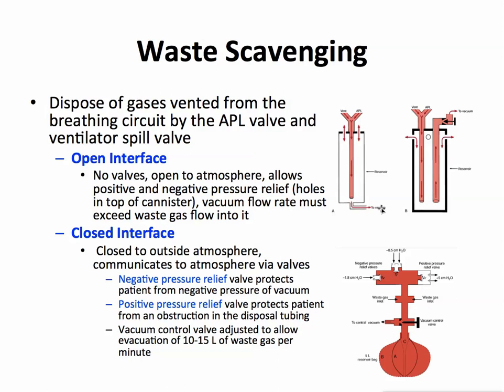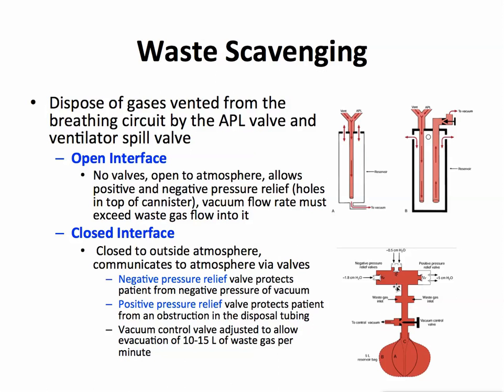But if the vacuum's set properly, we will remove the gas from the patient. This is called an open interface system. There are no valves, it's open to the atmosphere, allows positive and negative pressure relief from the holes in the top of the canister, and the vacuum flow rate must exceed the waste gas flow into it.